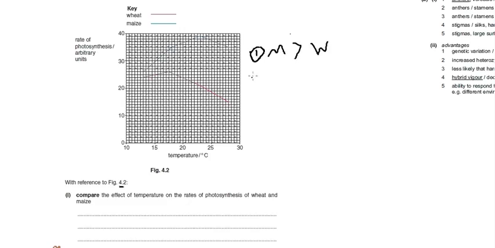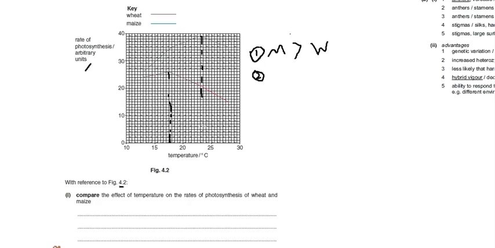And then the second point is you should write that after reaching a temperature of around 18 degrees, the rate of photosynthesis of wheat declines, whereas the rate of maize goes up to 25.